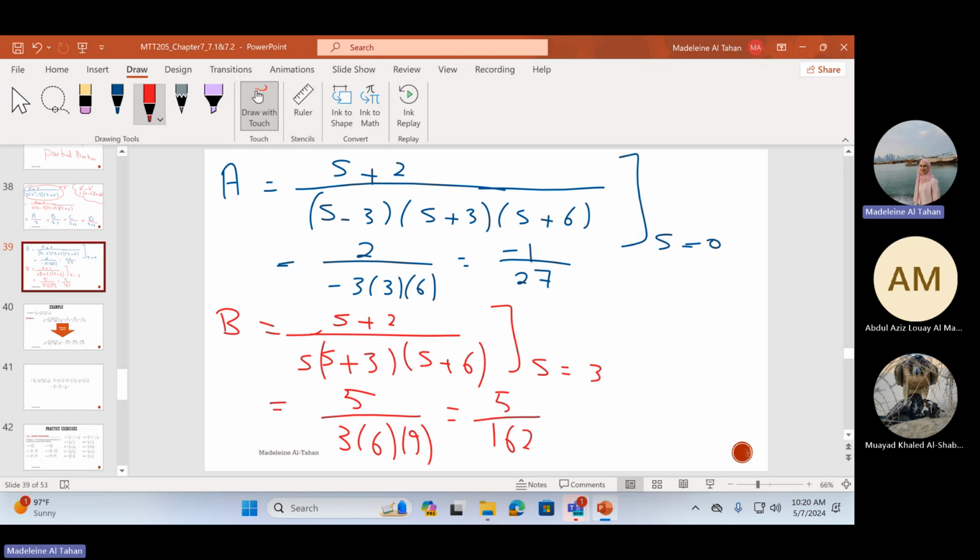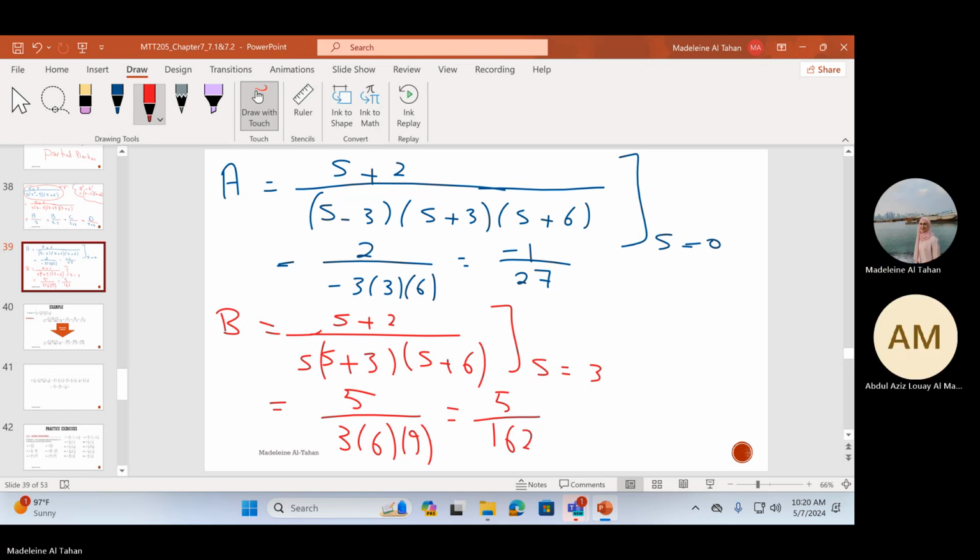So after we finish A and B, writing them from the board, please find C and D. Okay, so for C, what should we cover?